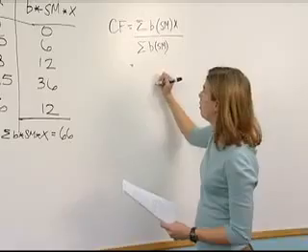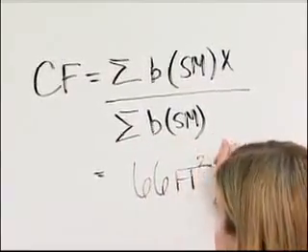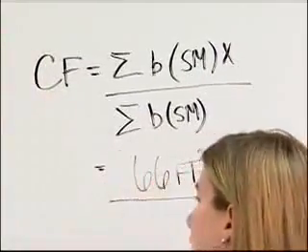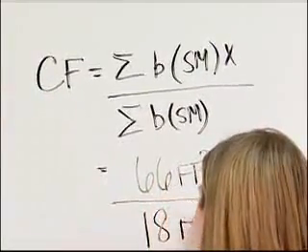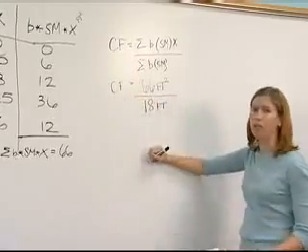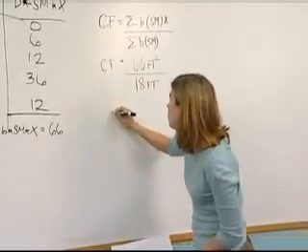We'll use a value here of 66 square feet divided by 18 feet. So for our CF, we'll get a value of 3.667 feet.